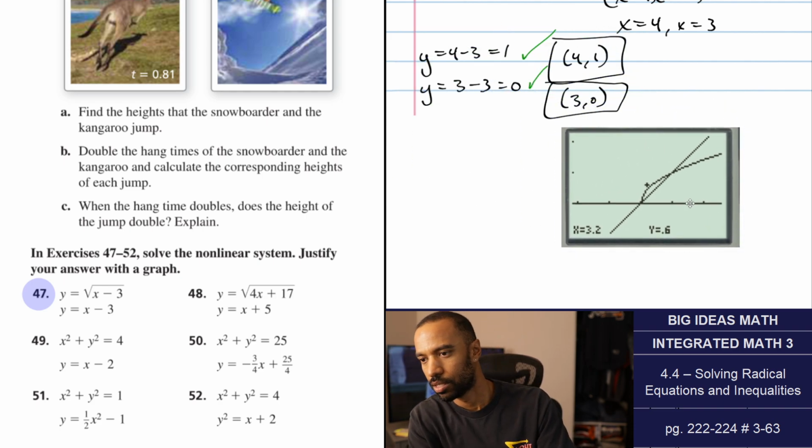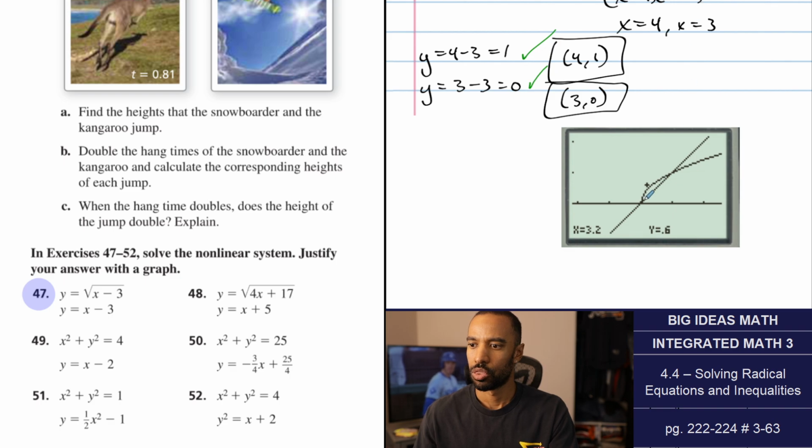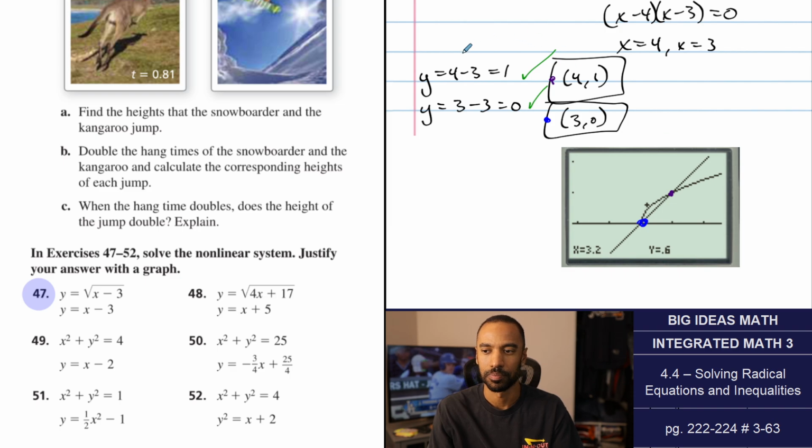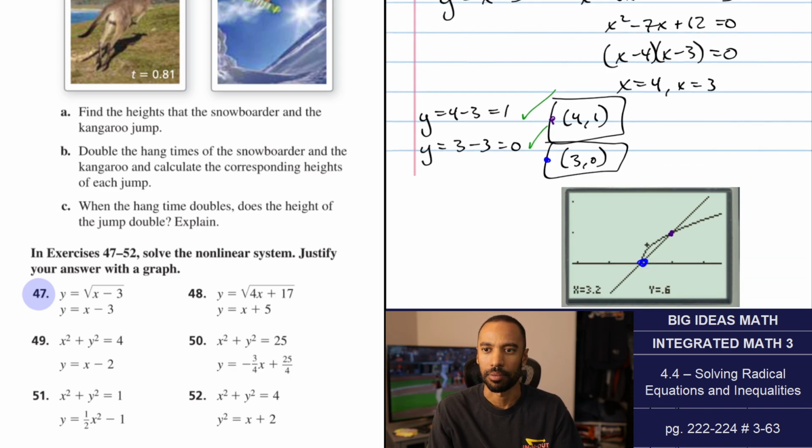This is 3, 0. This is 4, 1. So it intersects twice. It hit at this vertex and it hit at that point right there. So it's possible for that to happen, and it did. There's the confirmation.